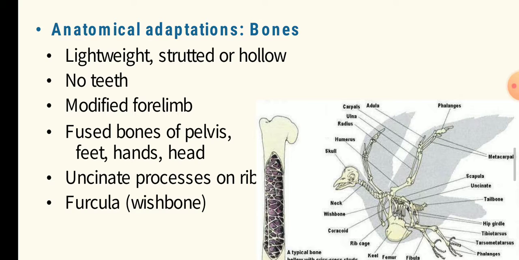Also there is an arcade with a clavicle which is fused with the interclavicle, and they provide a powerful pillar-like coracoid for the pectoral girdle, well suited for resistance to the inward pressure of the downstroke.